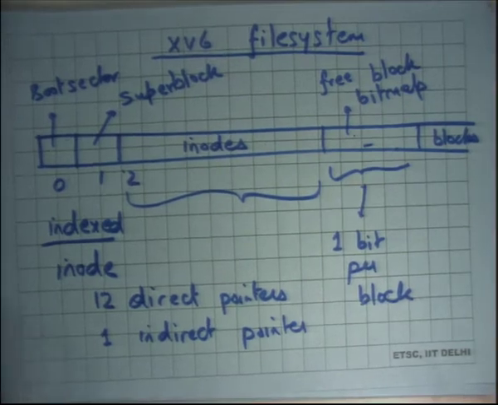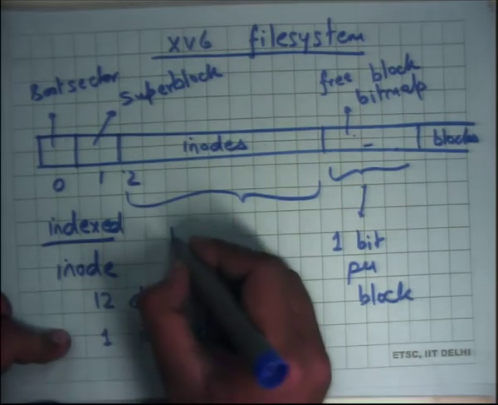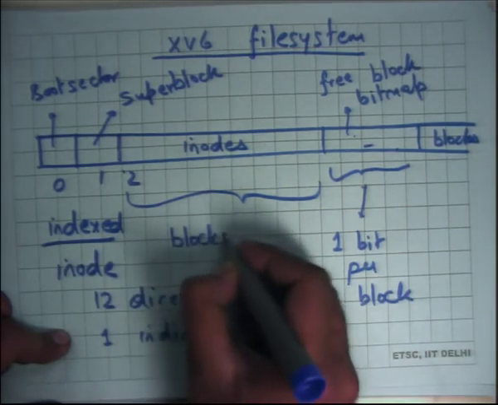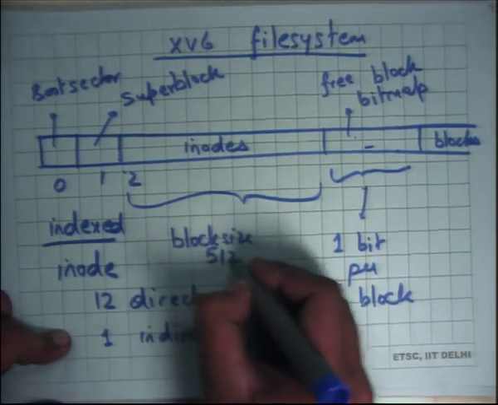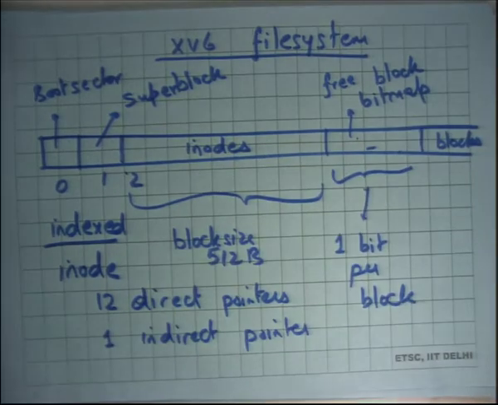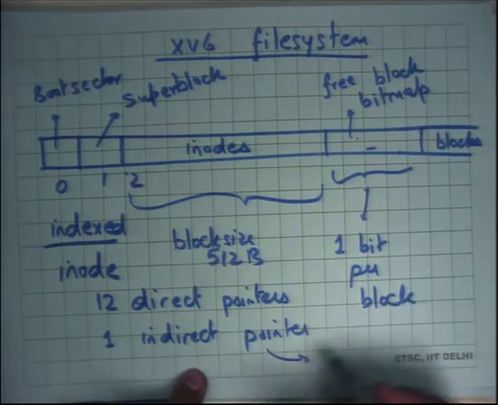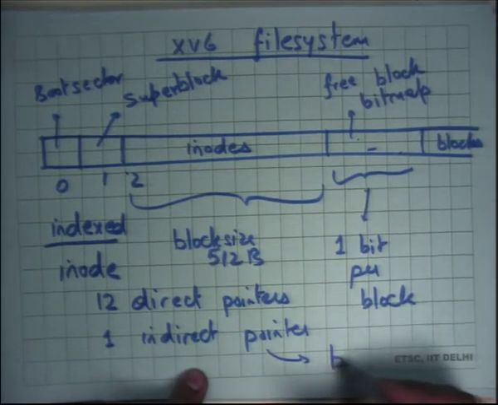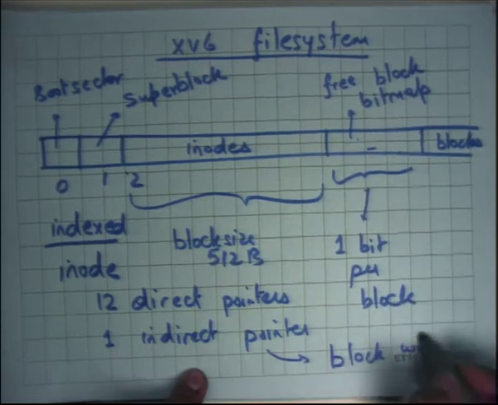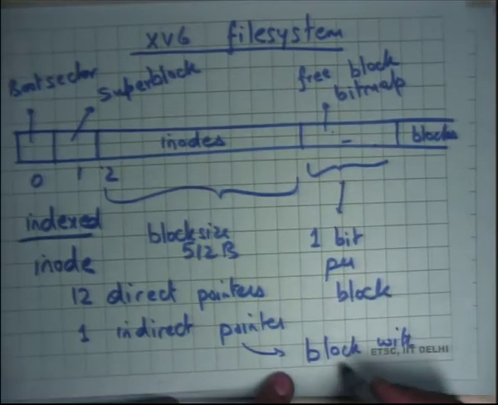Block size is 512 bytes. The indirect pointer points to a block with 512 divided by 4, that's 128 pointers.